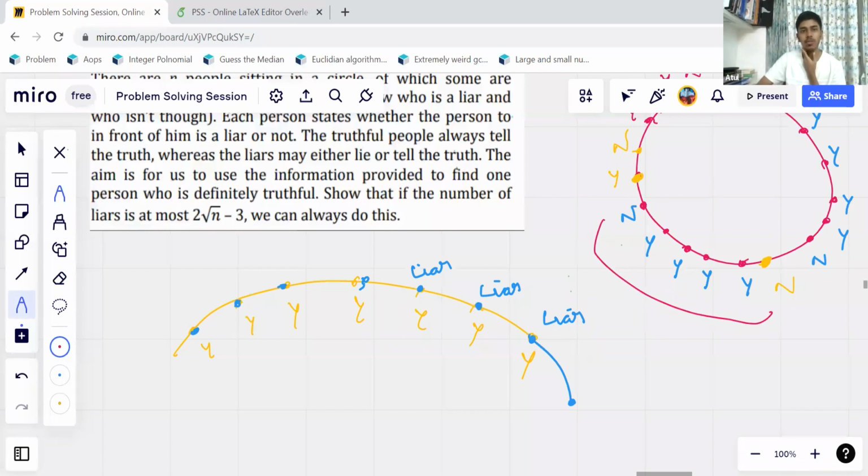Okay, so we know that in any chain of yeses, either the endpoint is a truthful guy or the entire chain is of liars. So if there was a chain of yeses which had length at least 2 root n minus 2, we would be done. But there is no reason to believe that there should be such a chain.